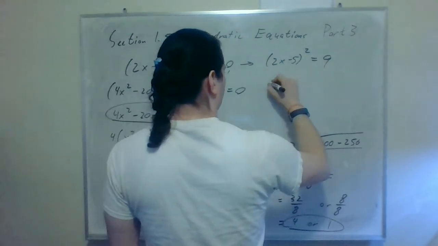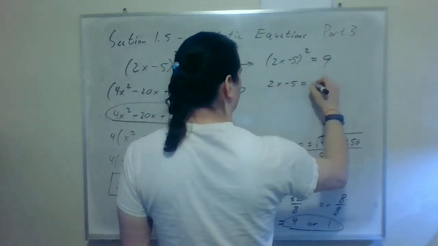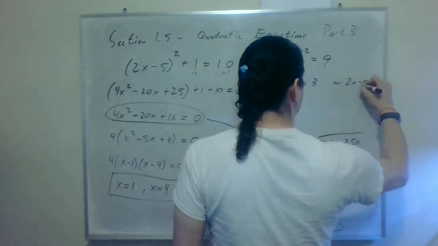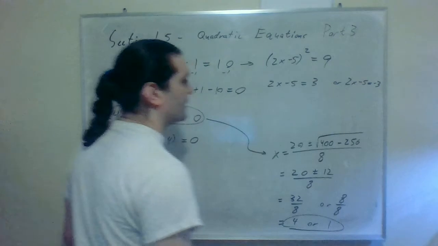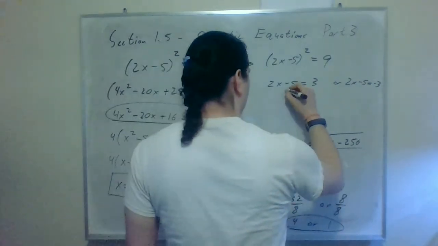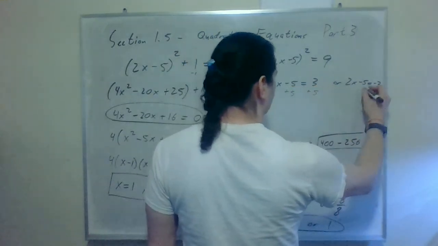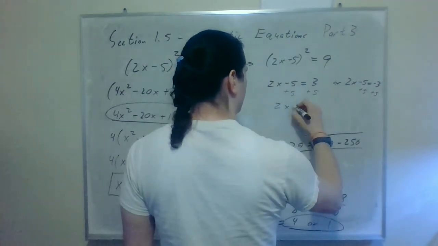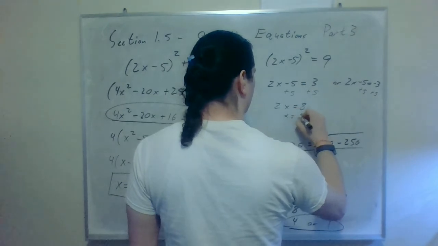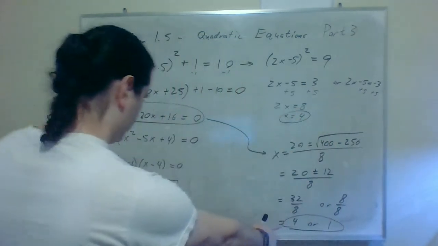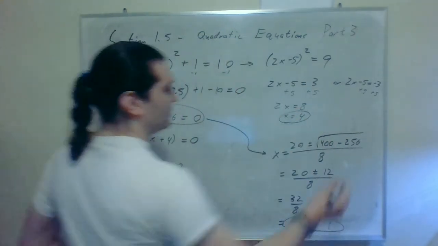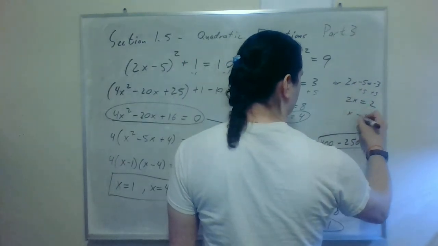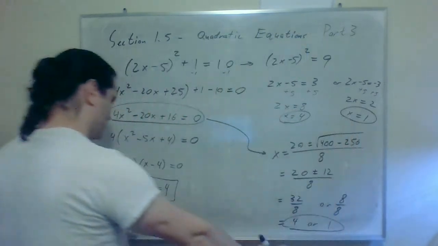Taking the square root of that will give us 2x minus 5 equals 3, or 2x minus 5 equals negative 3. In either case, we would add 5 to both sides. So this side would give us 2x equals 8, which turns into x equals 4. We got a match there. This side gives us 2x equals 2, which turns into x equals 1. Got our other match there.